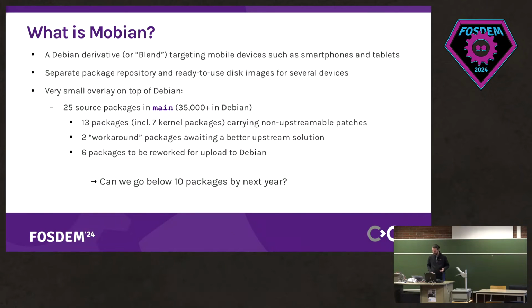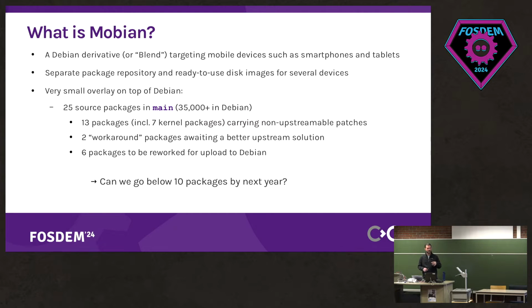Mobian? It's a Debian derivative, or in Debian jargon we call that a blend, which targets mobile devices such as smartphones and tablets. It has a separate package repository and provides ready-to-use disk images you can flash on a few devices.